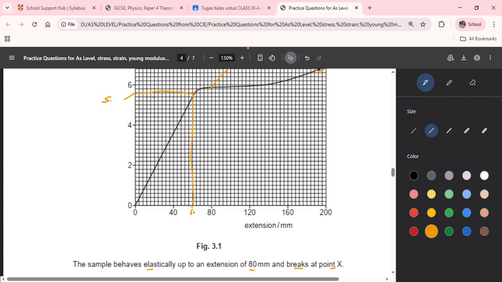So this is 6, 5.8, so 5.6. It's 5.6. So it is 5.6, 60. So this is the cross. Just note it with the letter X.